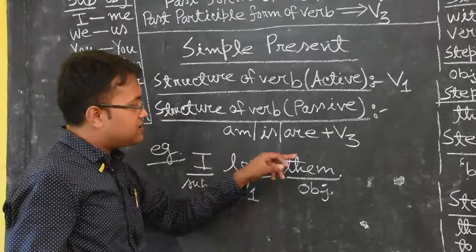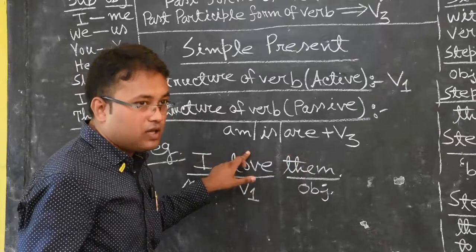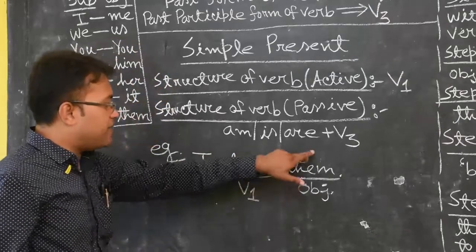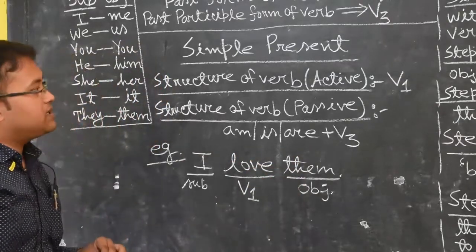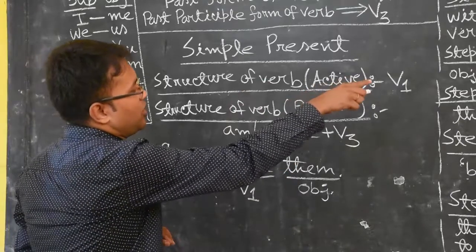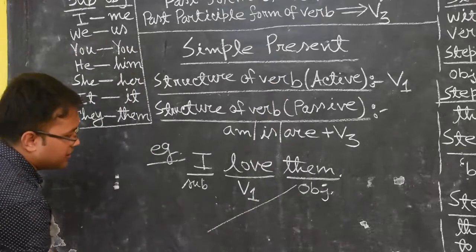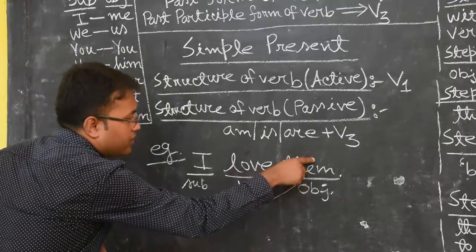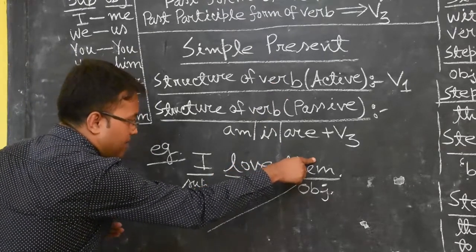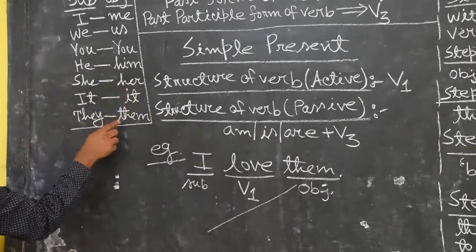The answer is them. Okay, so them is object. Then step 2, we have to bring that object at the beginning. When we will bring them at the beginning, it will be they.